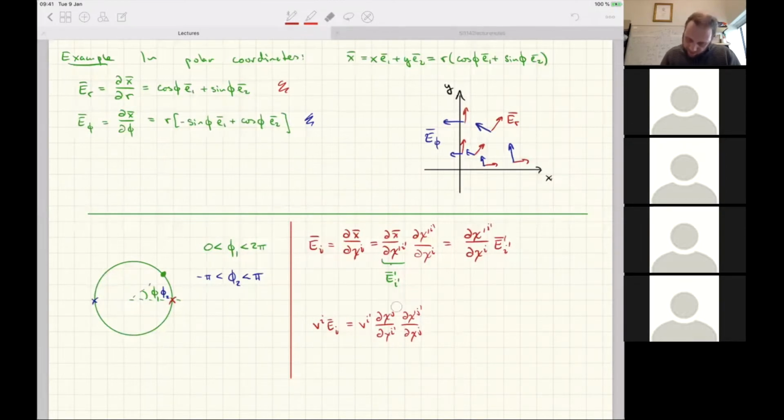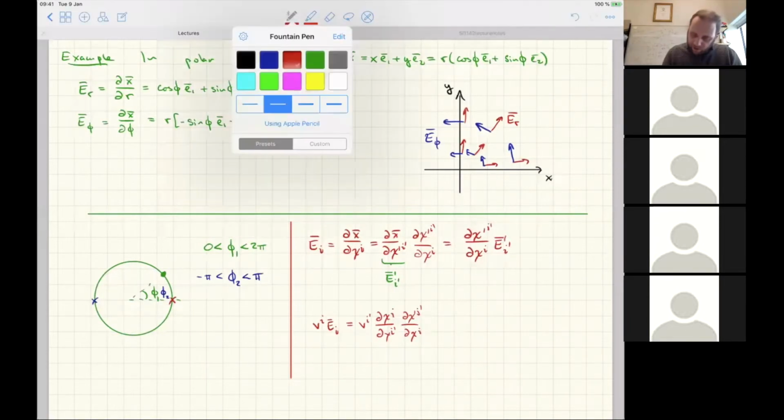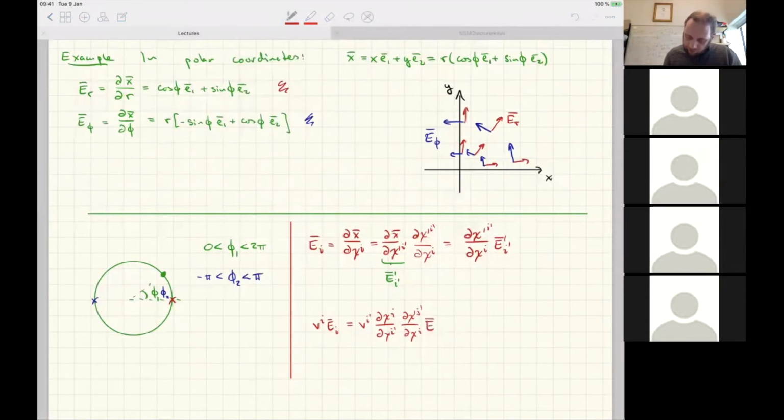Sorry again, this should be an i. This should also be an i, and for the transformation rule of those, I should have a j'. Now, this guy, just because of the chain rule, is d chi'^j' over d chi'^i', which is just delta j'i'.